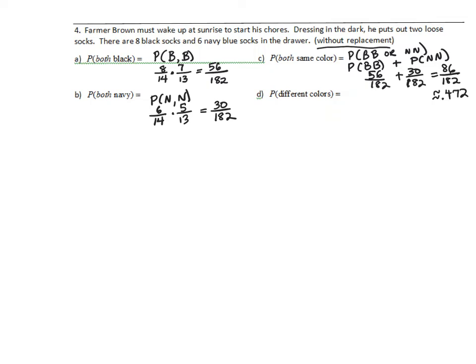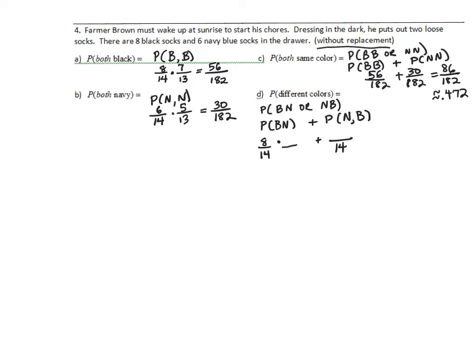Now, what's the probability that he has different colored socks? Well, again, like in the marble problem, we want the probability of a black and a navy, or a probability of a navy and then a black. So we would add these two. Let's look at those probabilities. Again, we have to be careful. The first time we pick the sock, it's out of 14 for both cases. But if the first one's black, then there are 8 possible ways.